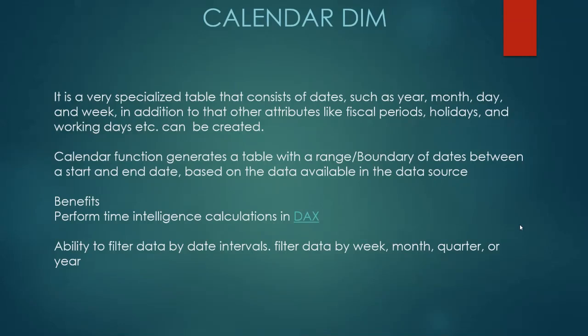So what are the other benefits? It performs various time intelligence calculations, and gives the ability to filter data by date interval, or by week, month, quarter, or year. Okay, so let us try to understand how we can create a calendar dimension table in Power BI Desktop.